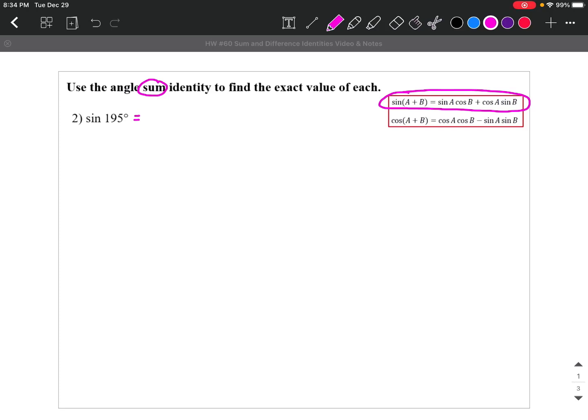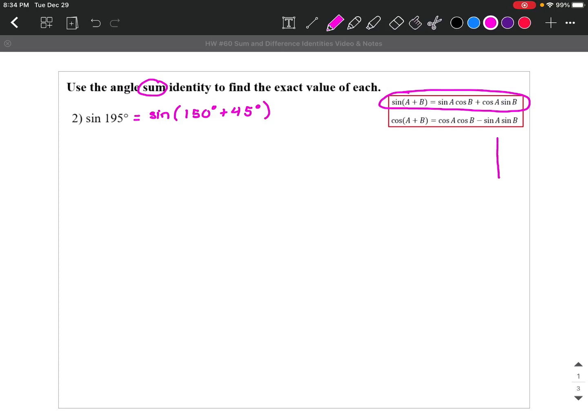So we need two angles that add to 195. Now remember, your special angles are 30 degrees, 45 degrees, and 60 degrees. So let's think, if we use 45 degrees, 195 minus 45, that would be 150 degrees, right? Well, now you're looking at me going, but that's not a special angle. 150 degrees isn't a special angle.